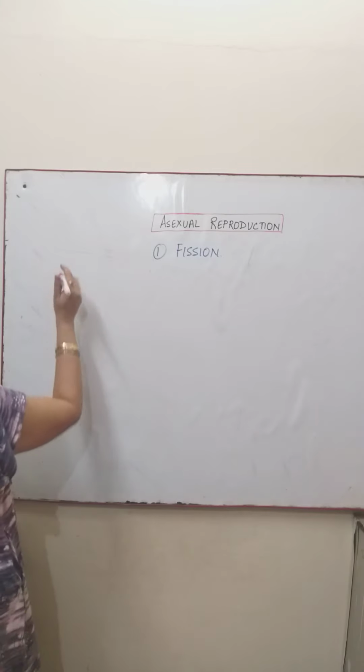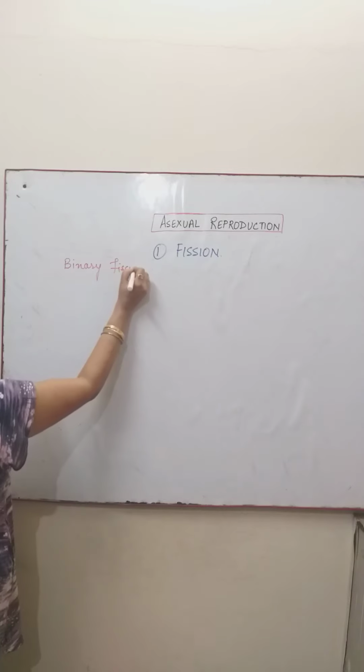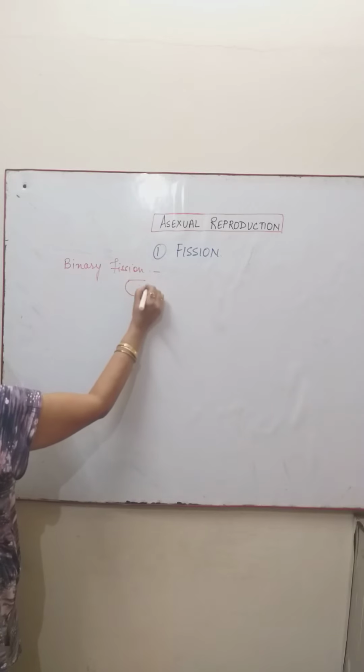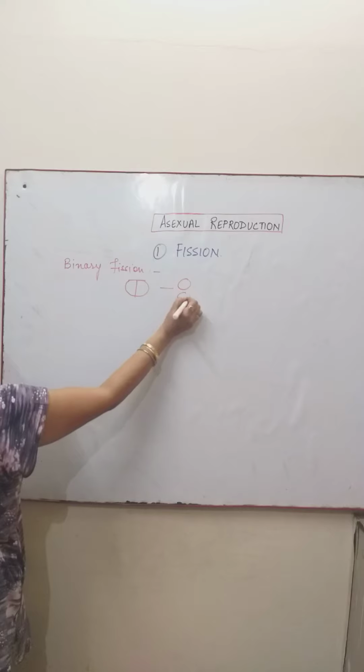Now this fission is of two types, that is the binary fission and the multiple fission. In binary fission, it is only two, like one organism will divide into two and will form two daughter cells.